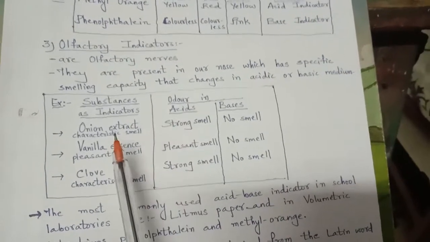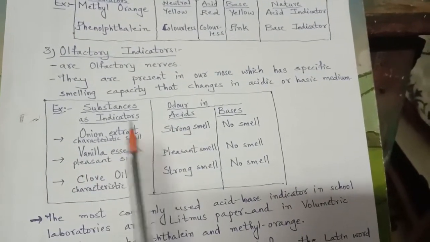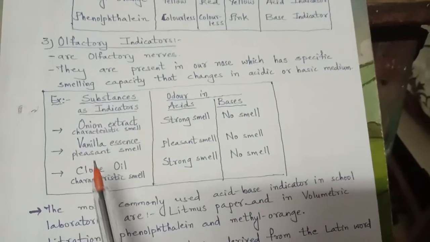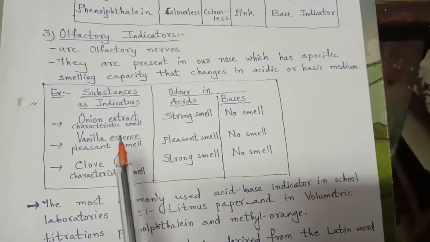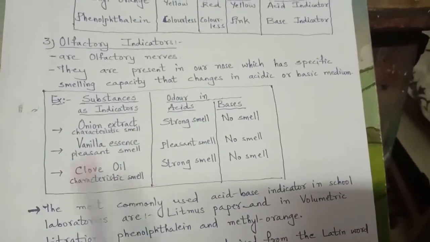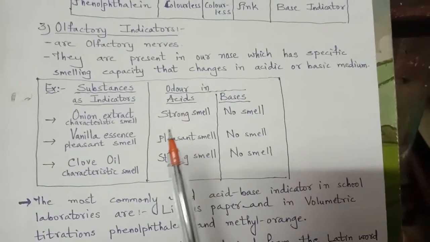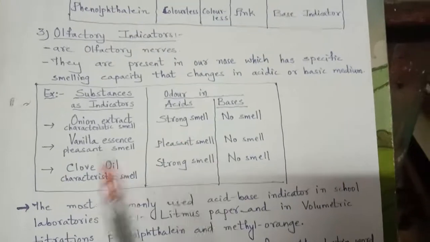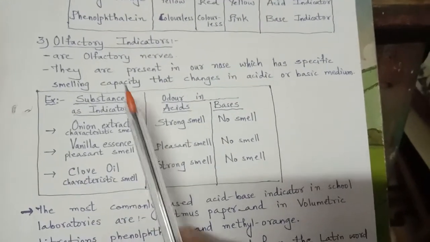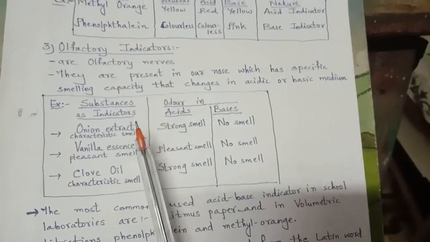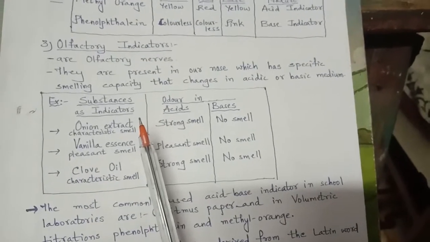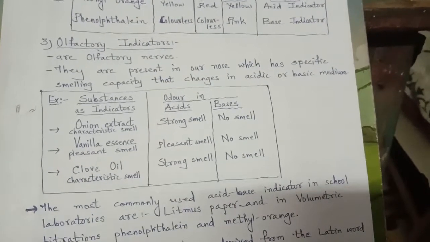Spices also, clove. We can easily make out pepper smell, clove smell. Clove means loving, pepper means mari. So these smells are easily identified. Vanilla essence. They are called olfactory indicators because they give the indication by the smell.